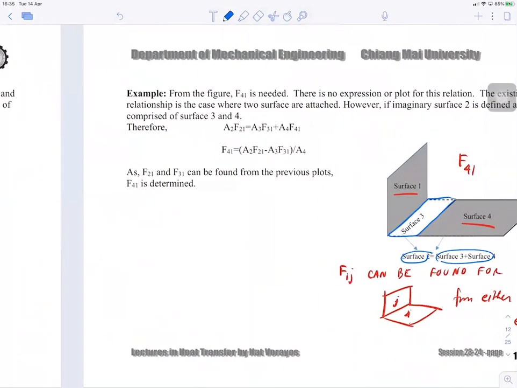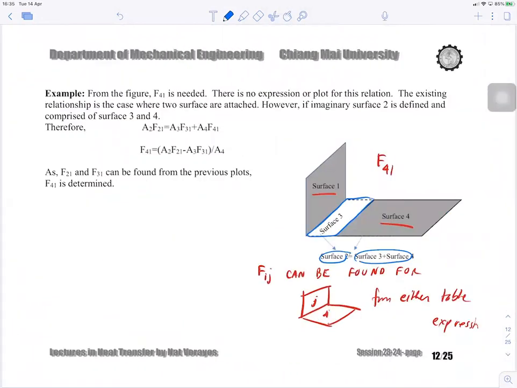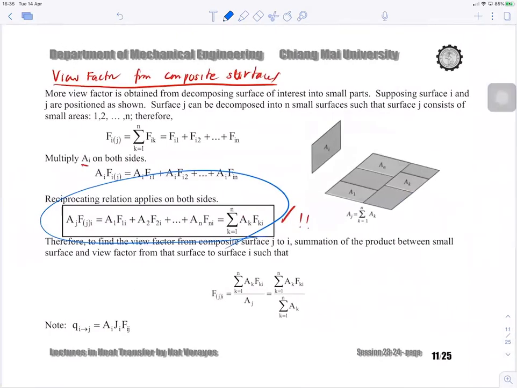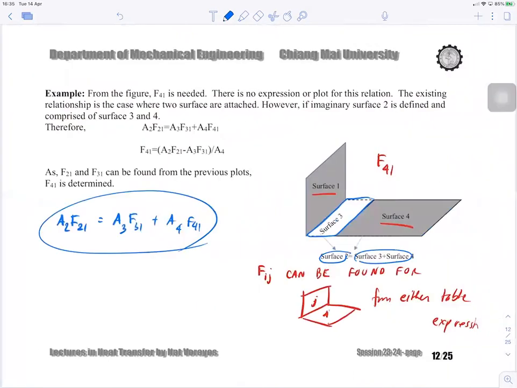Okay, we write this equation from this situation. We will have A2 F21 going to be equal to A3 F31 plus A4 F41. How is that? Because I use this equation, okay?